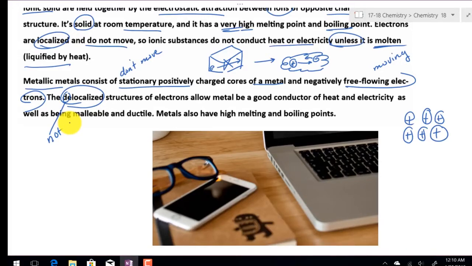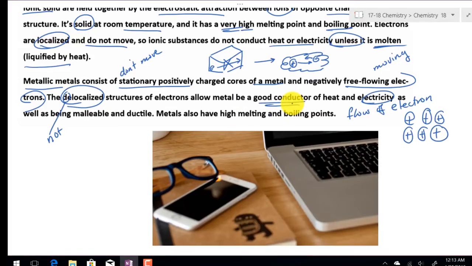And what's so beautiful about this is that when electrons are allowed to move, it conducts electricity. Basically, electricity is a flow of electrons. That's all it is. Or a flow of charged particles. So in this case, metals are very good conductors.